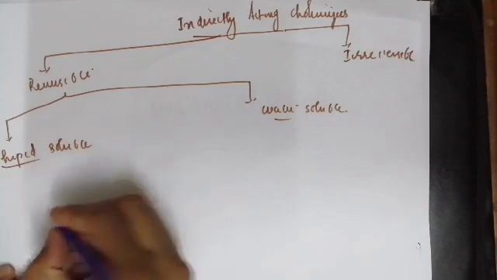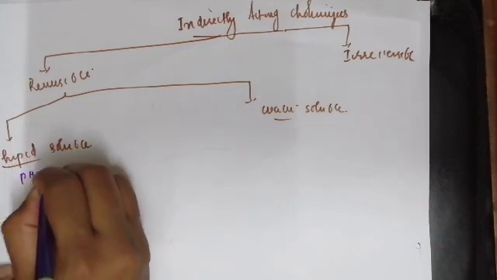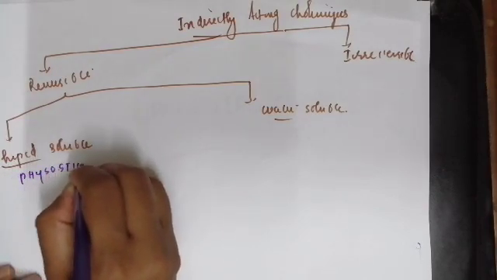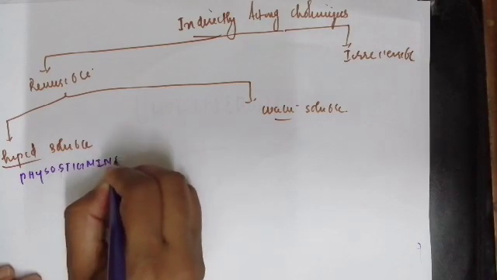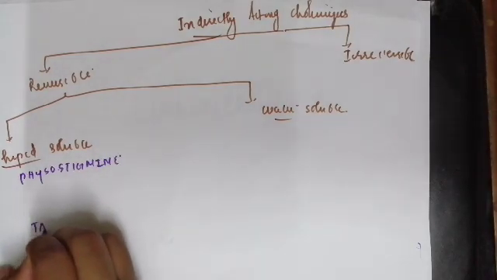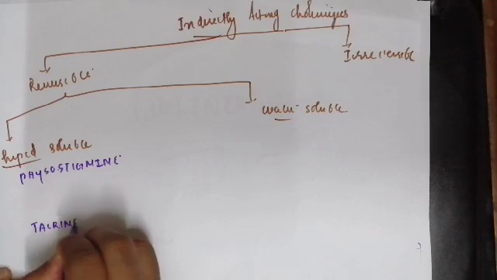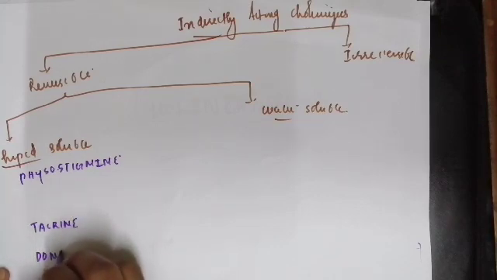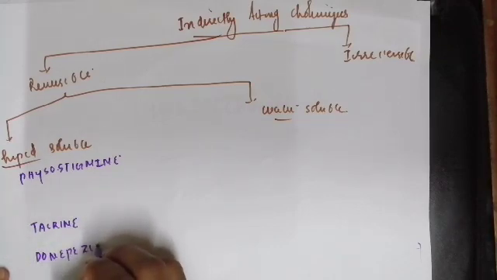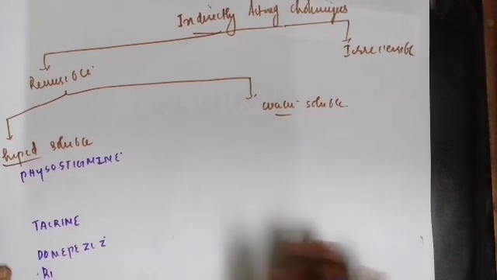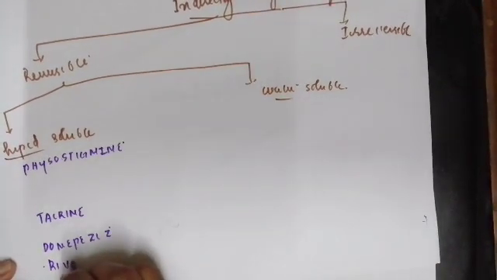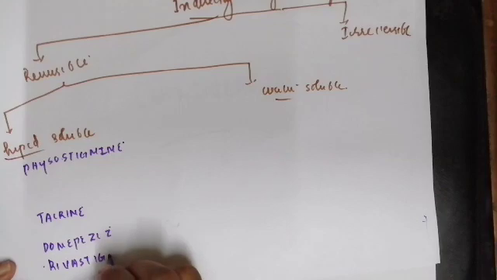So which are the lipid soluble ones? Lipid soluble ones are physostigmine, tacrine, donepezil, rivastigmine and galantamine.